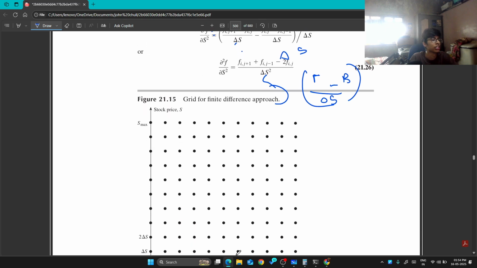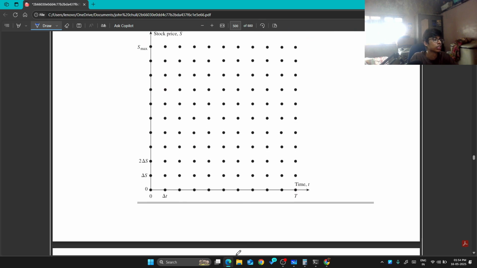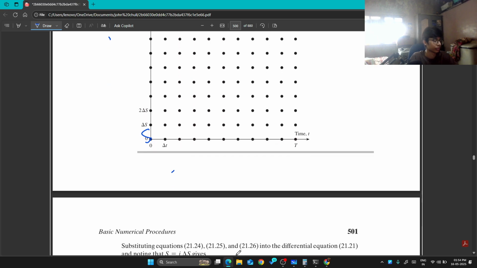And then there is a boundary condition. We have the stock price here is 0 and maximum is also 0, I guess. Explanation of this is not good.